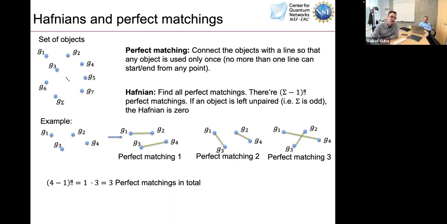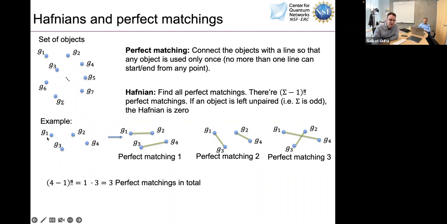What's the Hafnian? The Hafnian is the problem that asks you to find all possible perfect matchings. I have an example here. I have 4 objects. So this is one perfect matching. I connect this one to this one and this one to this one. Then I have another one.